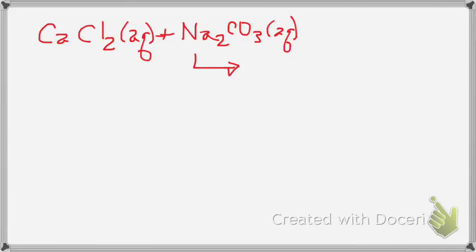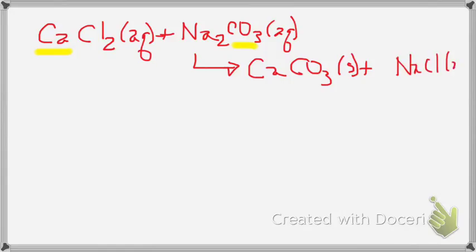Now we have to determine what's swapping partners, so to speak. We have a calcium cation with a carbonate. So let's rewrite that. Calcium has a 2+ charge. Carbonate has a 2- charge. And when you look it up on the table, it's going to be a solid. Plus sodium chloride.